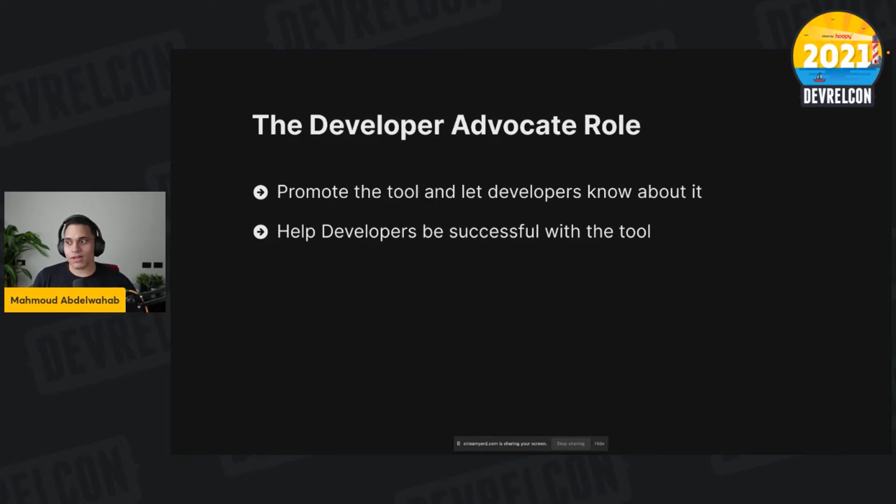And one other way is to build a community. When you have a community around your tool, you basically have people contributing to the success of your tool, and they help you promote it. For example, I work at Prisma, and we have a fantastic developer community. It's one of those things that I really enjoy about Prisma.